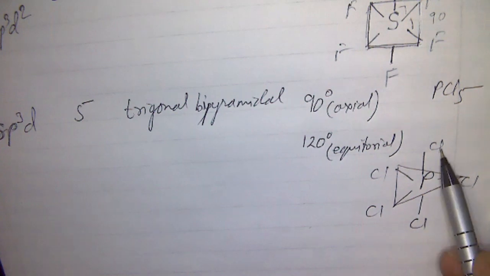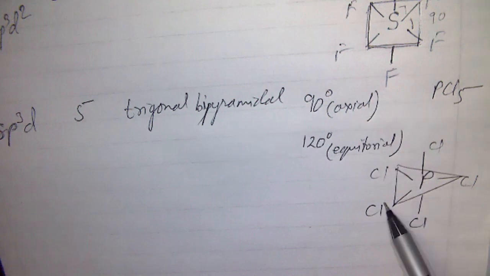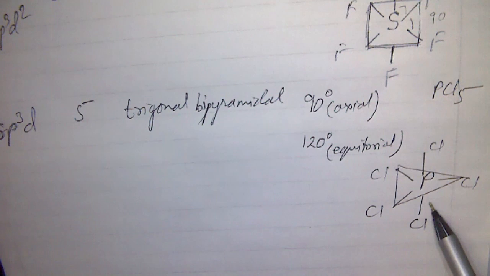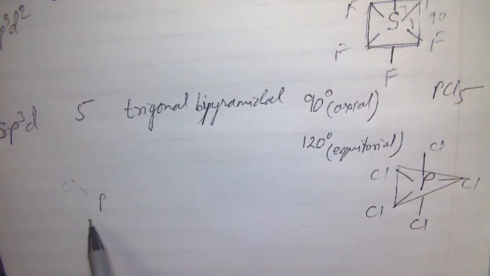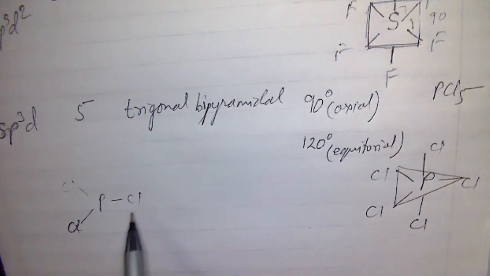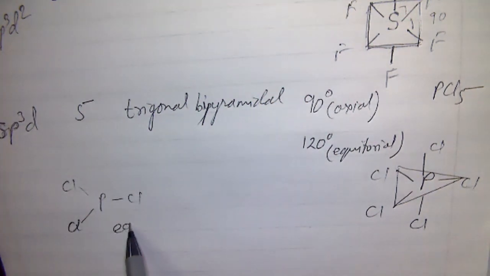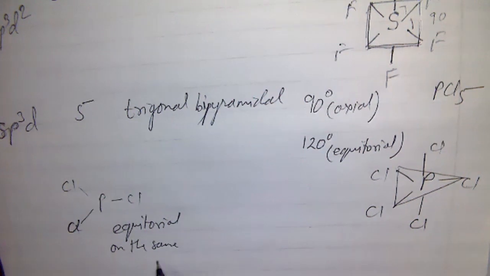So these three, one, two, three, are in equatorial position, and these two are the axial positions. Clear? As I told you, P, this is Cl, Cl and Cl. These Cls are equatorial, on the same plane.